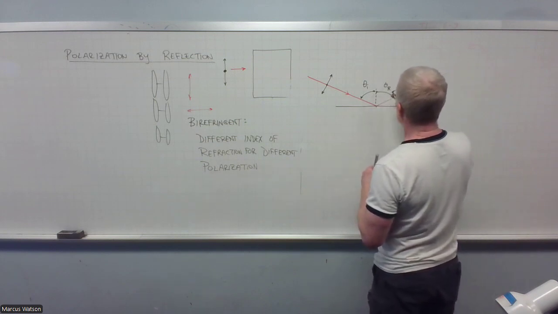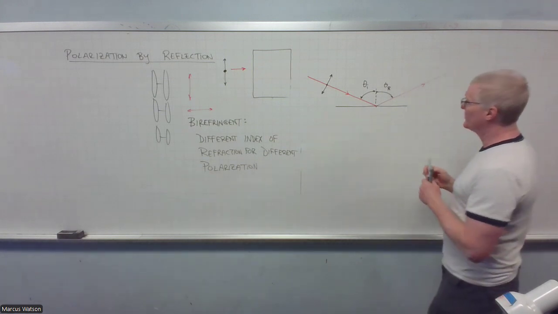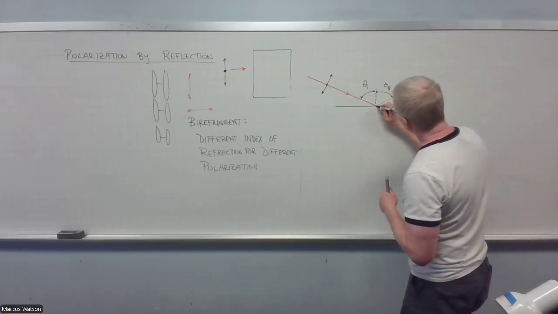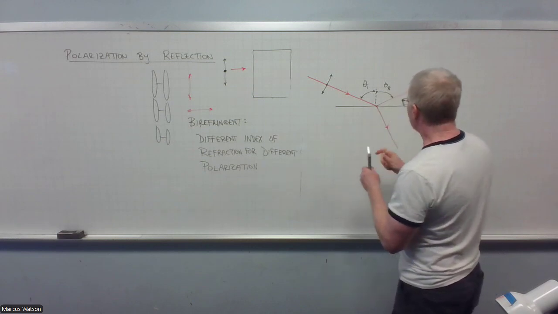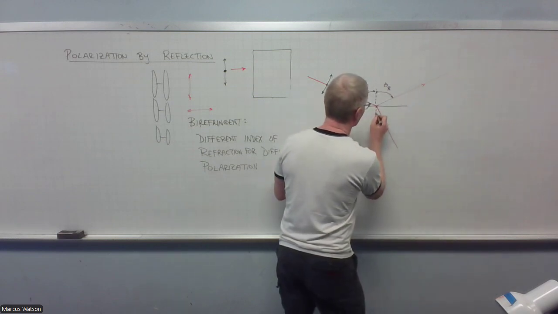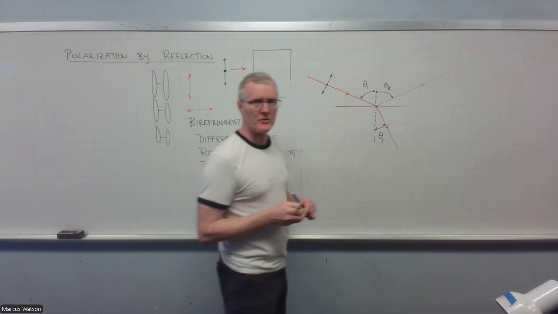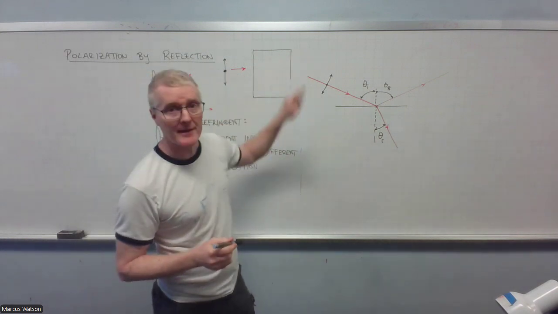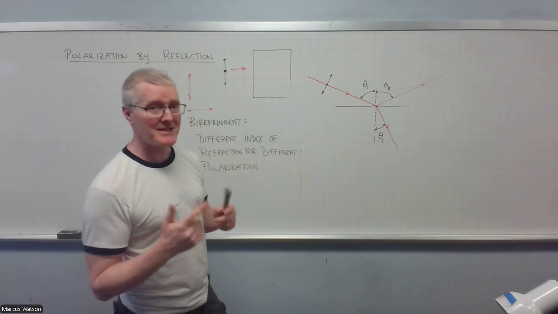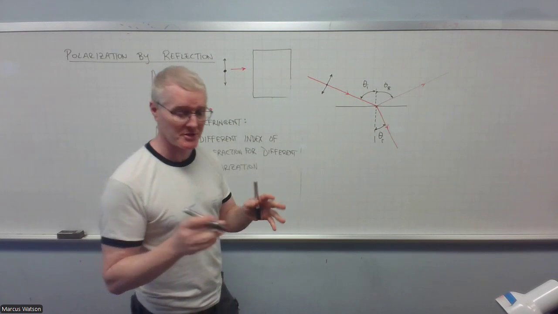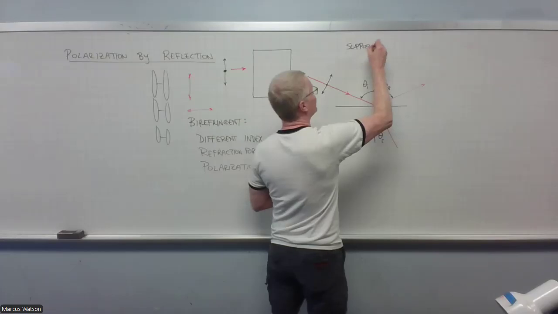Call this theta capital R. We also know if this is transparent, then I'm going to get a refracted ray that's going to go this way, like this, and I'm going to call that angle theta little r. So I've got theta capital R for the reflection up top, theta little r for the refraction underneath, and let's look at what the polarizations are. If this is what's known as Brewster's angle, suppose that theta I is equal to Brewster's angle.